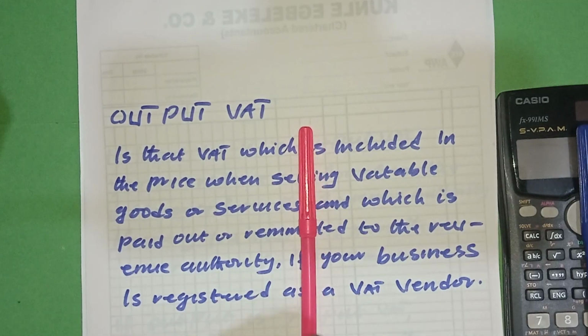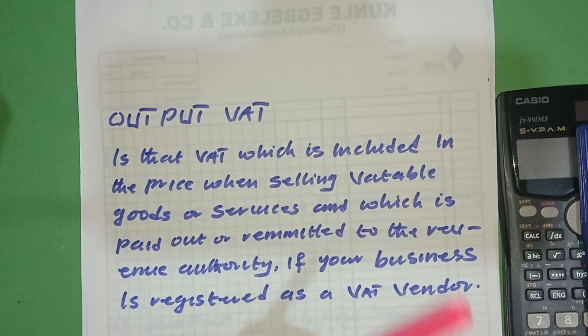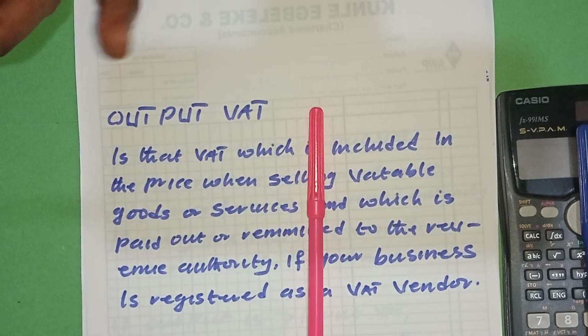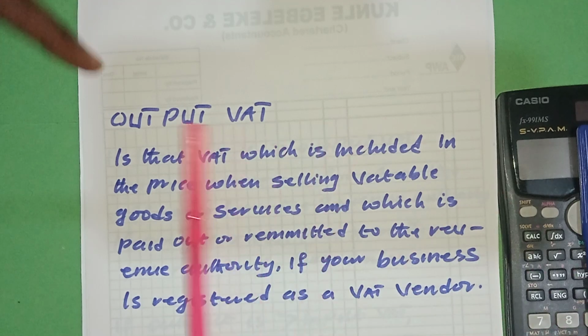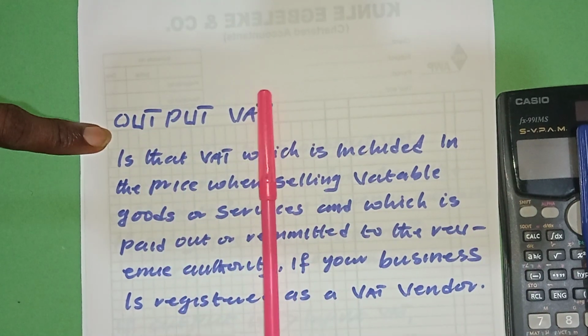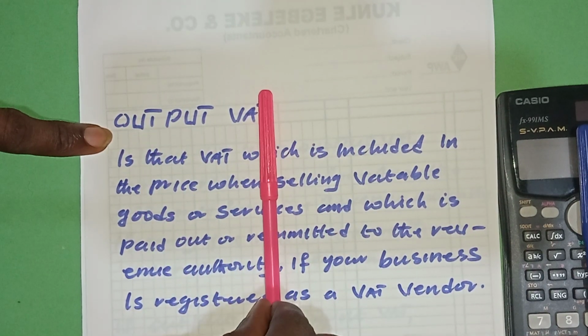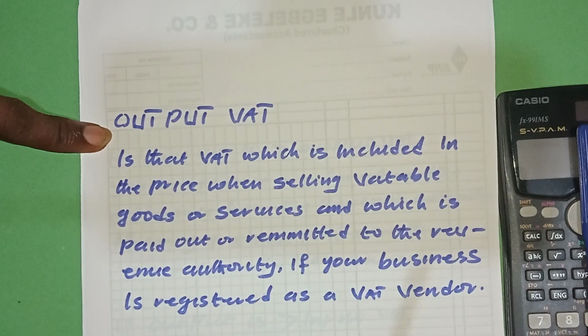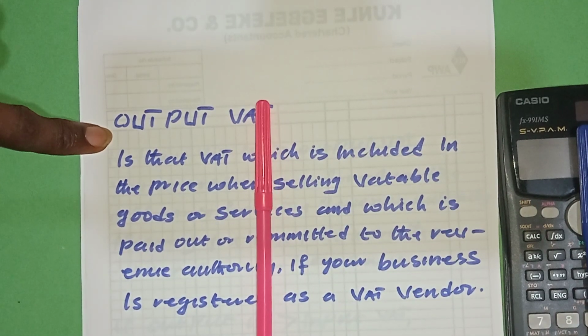Now, I will calculate the VAT and add it on top of the 100 naira. It might become 110. Then I will sell this for 110. That is tax output. I've added the tax so that I can sell it out. And that amount I'm receiving from here, I will now remit to the government.